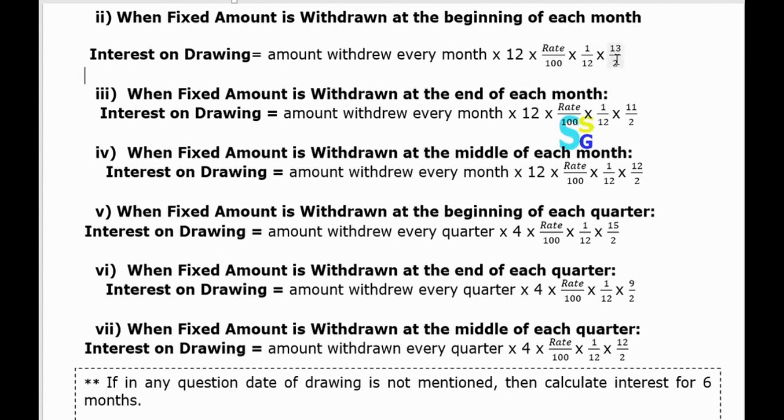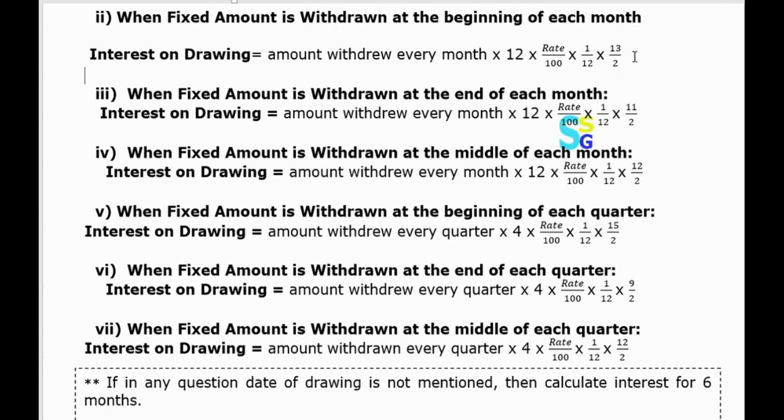Now the condition is, we are multiplying by 13 by 2. Now you may think, from where did that 13 by 2 come all of a sudden? This 13 by 2 does not come all of a sudden, because this total formula came from a mathematical calculation.